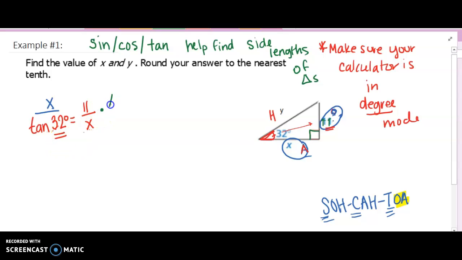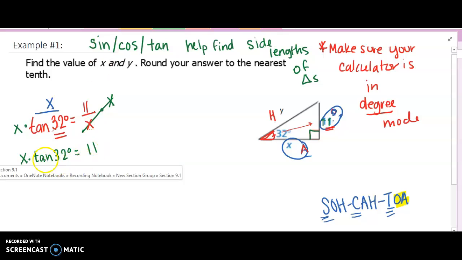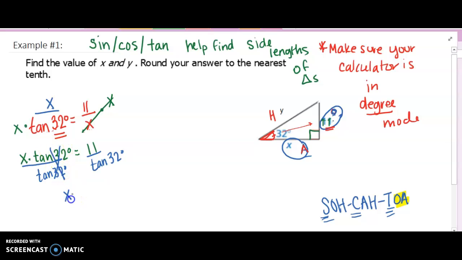I'm going to multiply both sides by x. Those will go away. So I'm left with x times tangent 32 degrees equals 11. Now to get x by itself, I'm going to divide by tangent 32. Remember, this goes away. So I'm just left with x equals 11 over tangent 32 degrees.